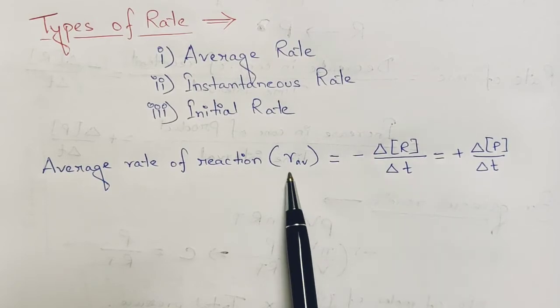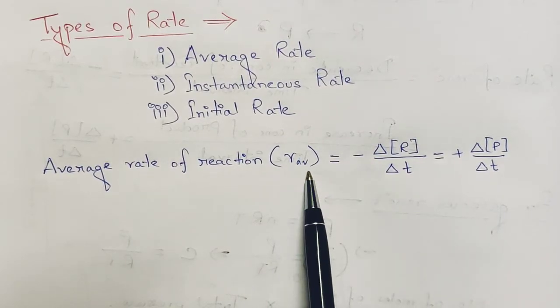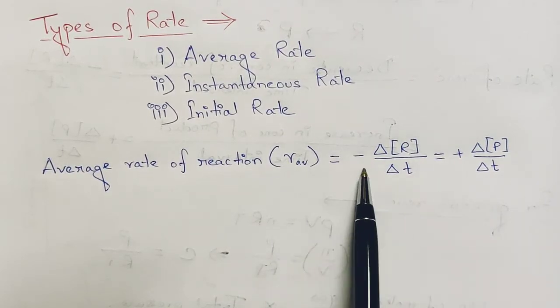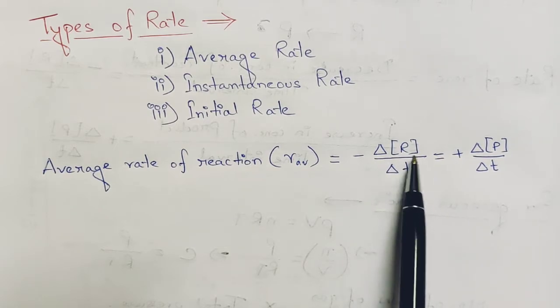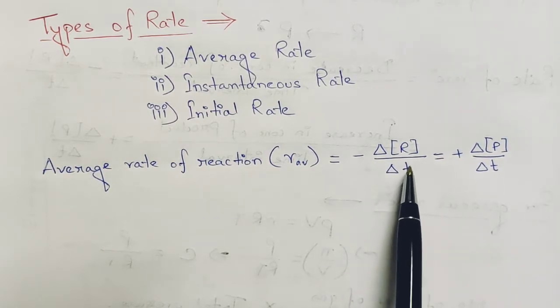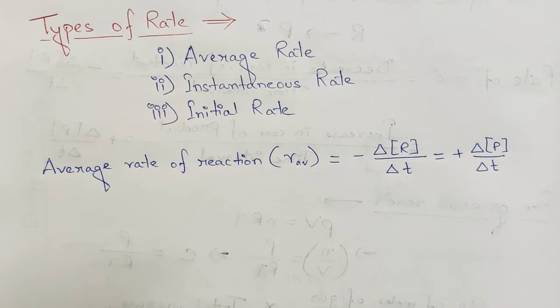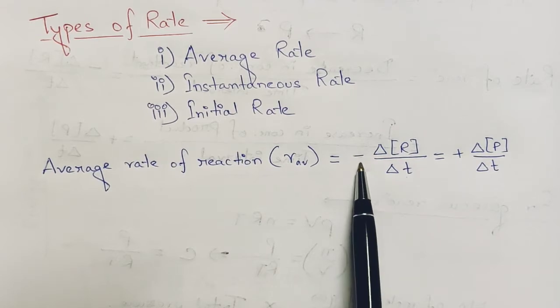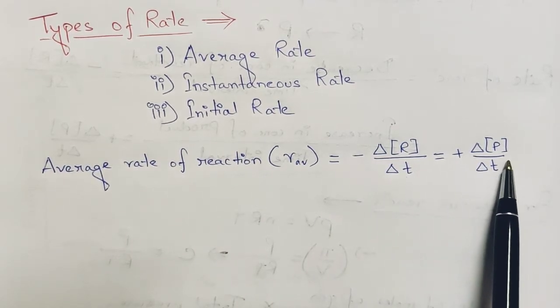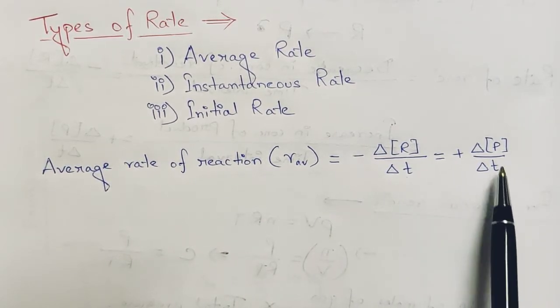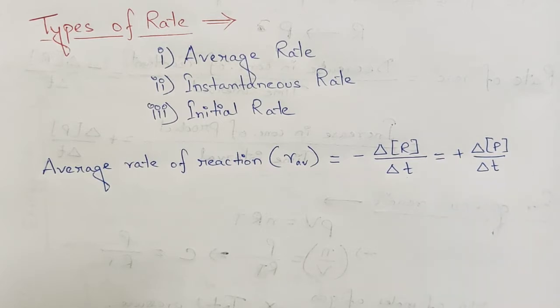R average, the average rate of reaction, is equal to minus delta concentration of the reactant by delta t, that is, the change in concentration of the reactant with respect to time. The concentration of the reactant decreases, so the negative sign is there. In case of products, the molar concentration increases, so there is a positive sign.